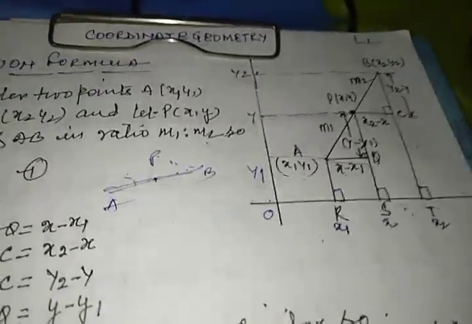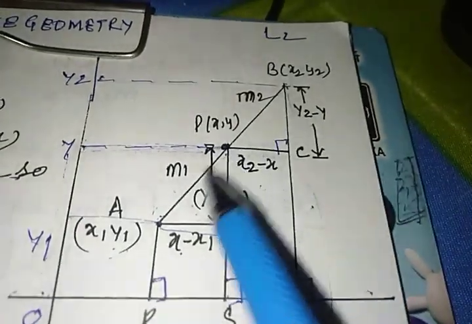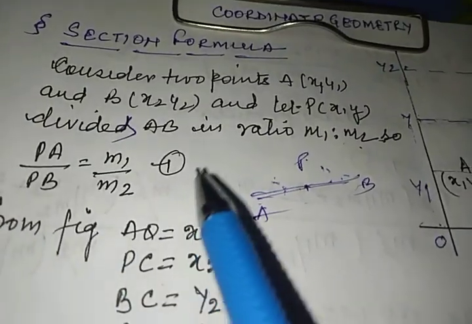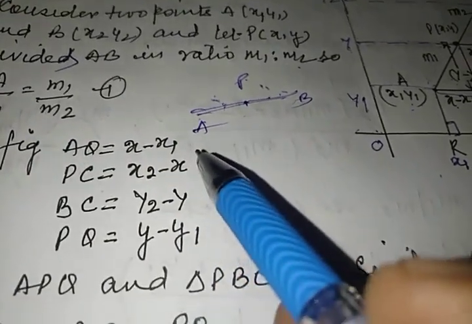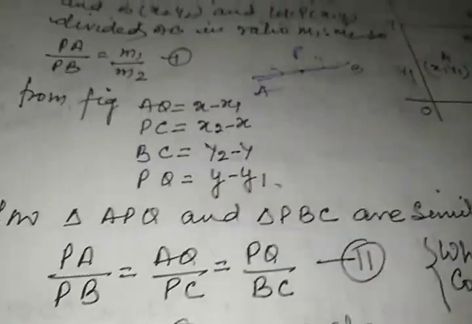So these are proportional. Just consider it done here, you'll be getting it in similar triangles. Already we know PA upon PB is M1 upon M2, so it is written M1 upon M2. This is equation 1. From the figure, whatever I explained to you, AQ, PC, BC, PQ, all values I have taken here.